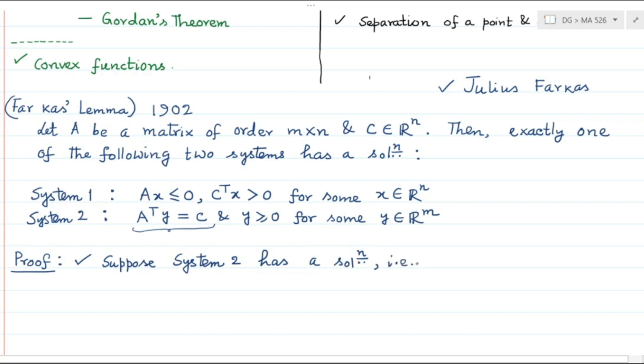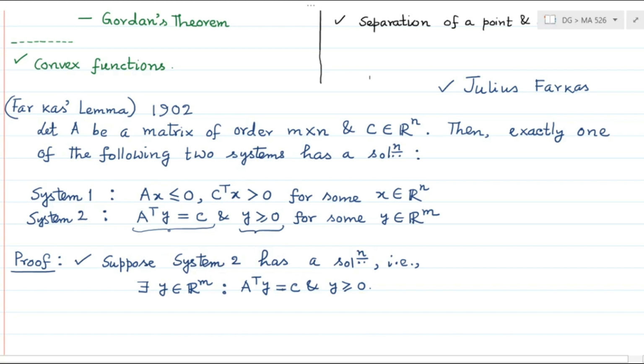By that we mean there exists one y in R^m such that A transpose y is equal to c, and y is greater than or equal to 0. By y greater than or equal to 0 here, we mean all the components of y are individually greater than or equal to 0. Fine.